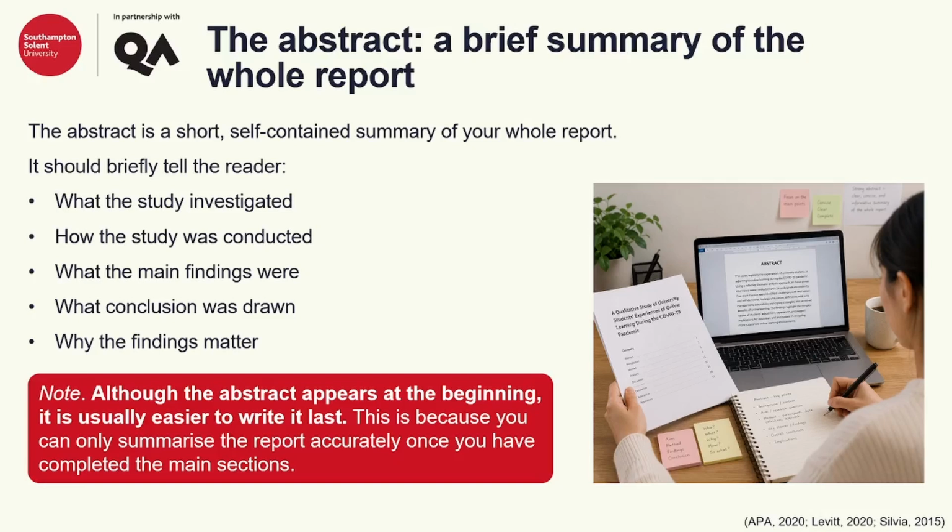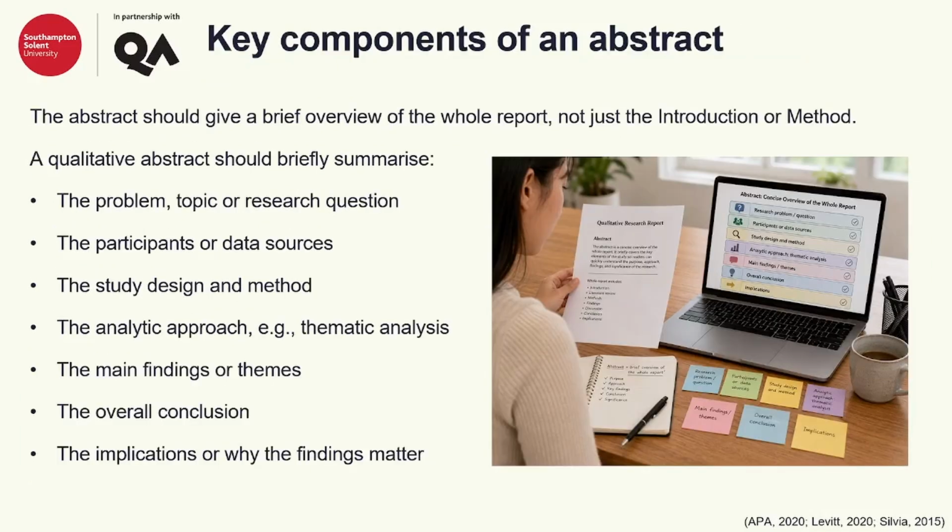To make this decision more manageable, we can consider the key components of a qualitative abstract. A qualitative abstract should usually begin by identifying the problem, topic, or research question.